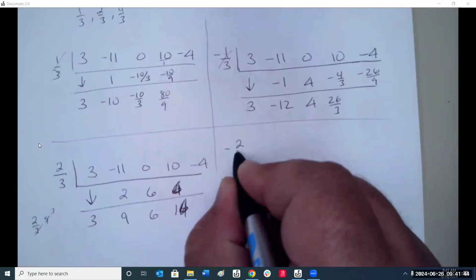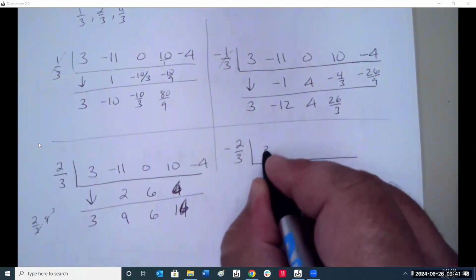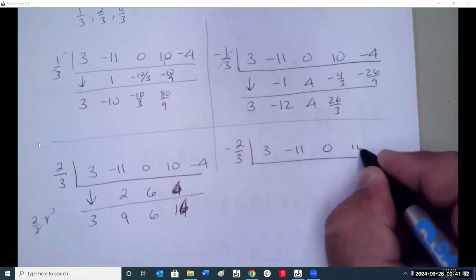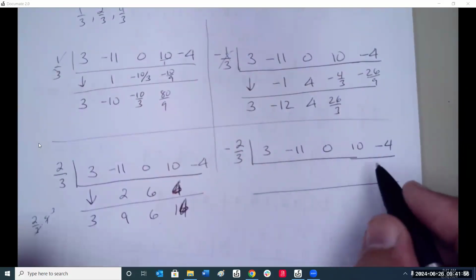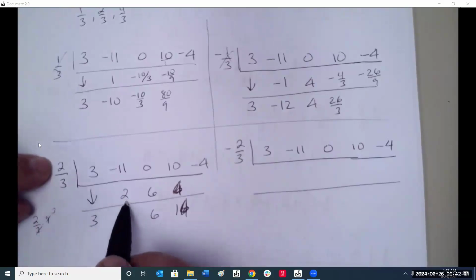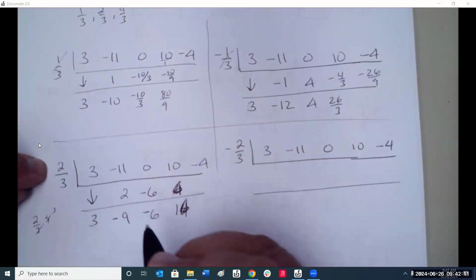So let's try negative 2/3. We'll try this again. So that gives us 3. 2/3 times 3 is 2. Makes it negative 9. Oh, that's where I messed up. It's negative 9. So that makes it negative 3 times 2 is negative 6.